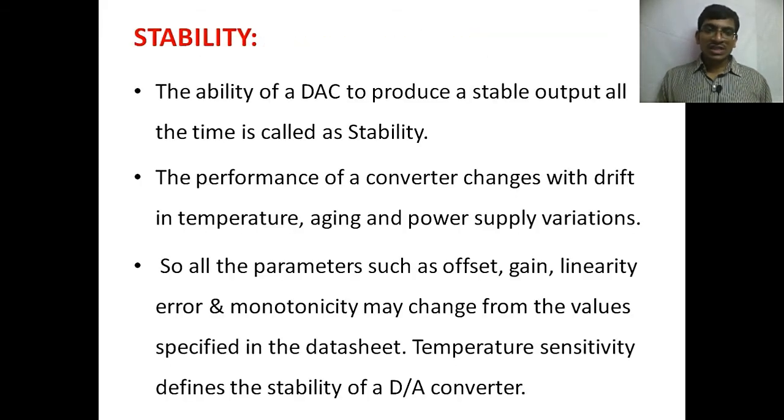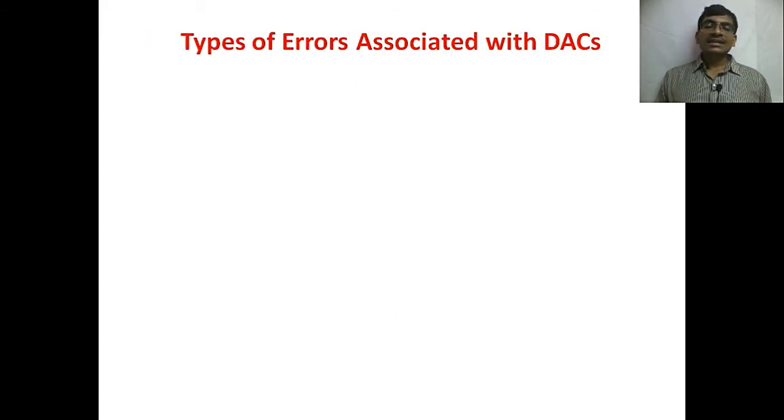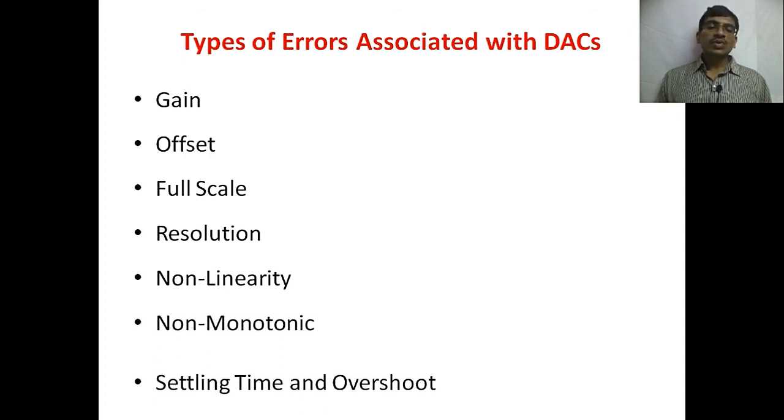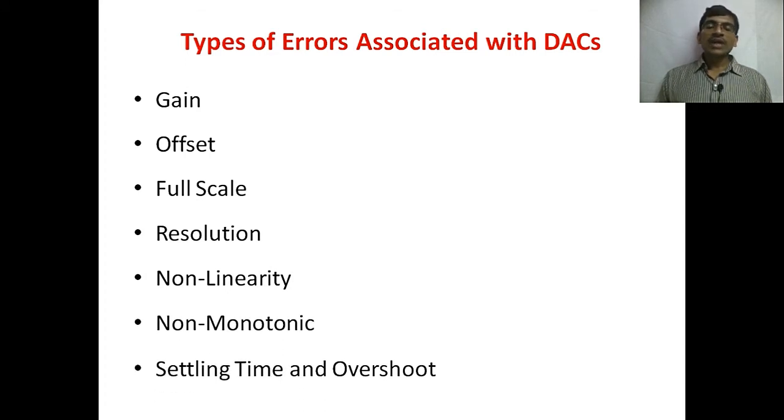Next, we are going to see the errors that are associated with the DAC. There are different types of errors that occur in the digital to analog converter: gain error, offset error, full scale error, resolution error, non-linearity error, non-monotonic error, settling time and overshoot error.